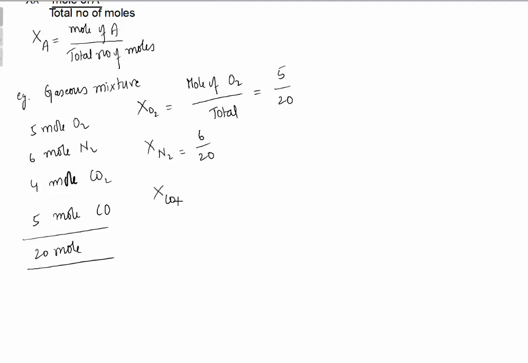Mole fraction of CO2 will be 4 upon 20. Mole fraction of CO will be 5 upon 20. If you are good at observation, you should have realized by now, the sum of mole fractions will always be 1.